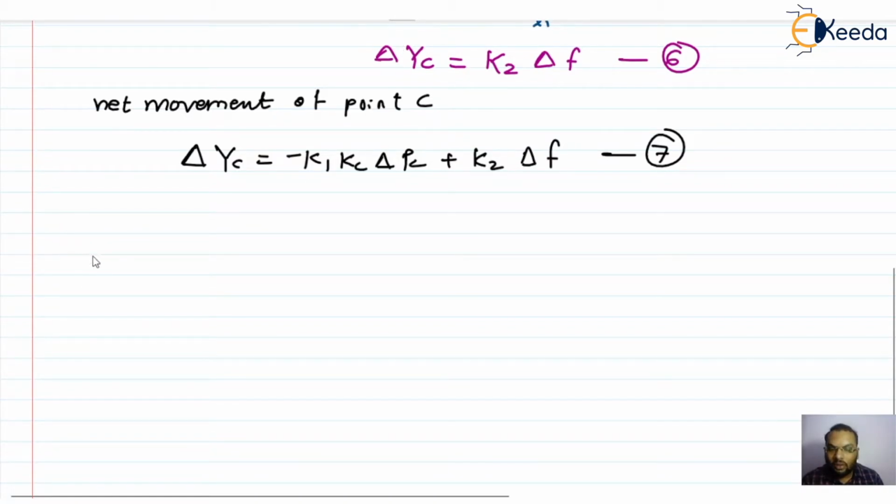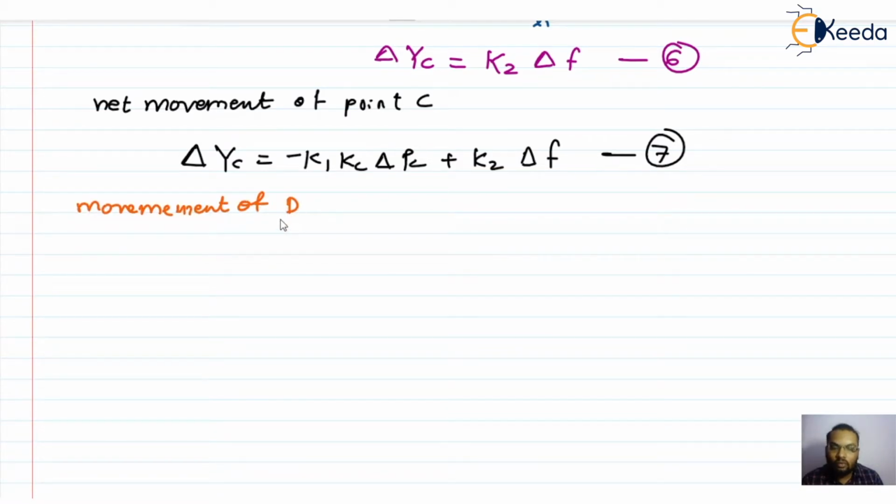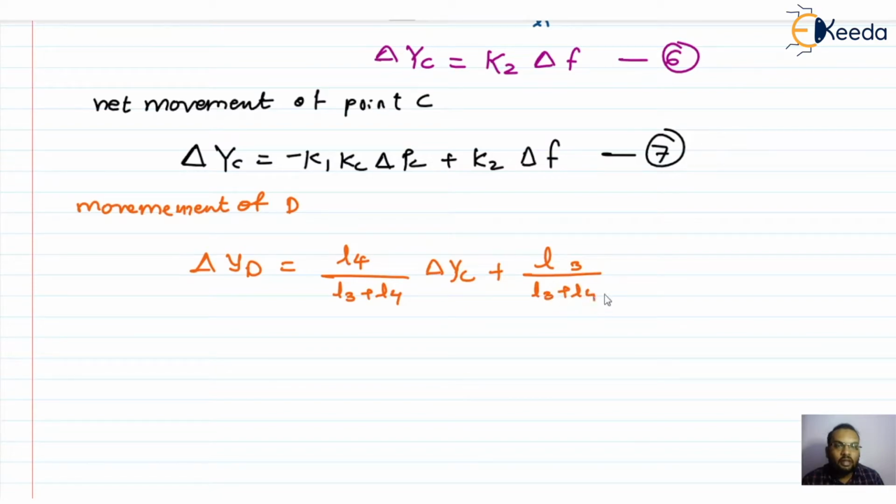So the movement of D, let us write it as delta YD is equal to L4 divided by L3 plus L4 into delta YC plus L3 divided by L3 plus L4 into delta YE. All this as equation number 8.